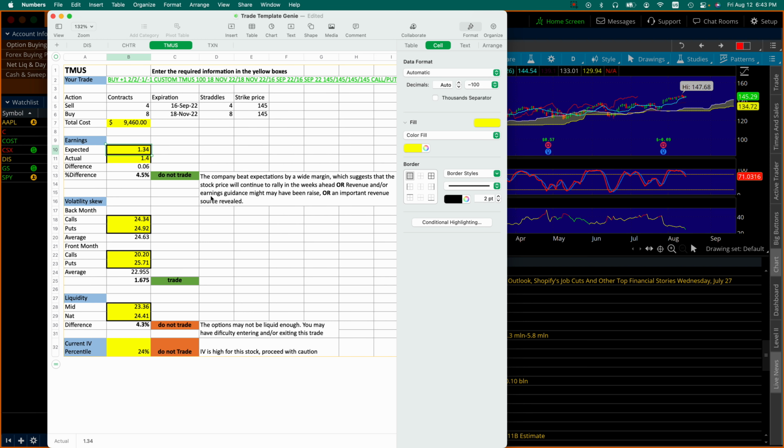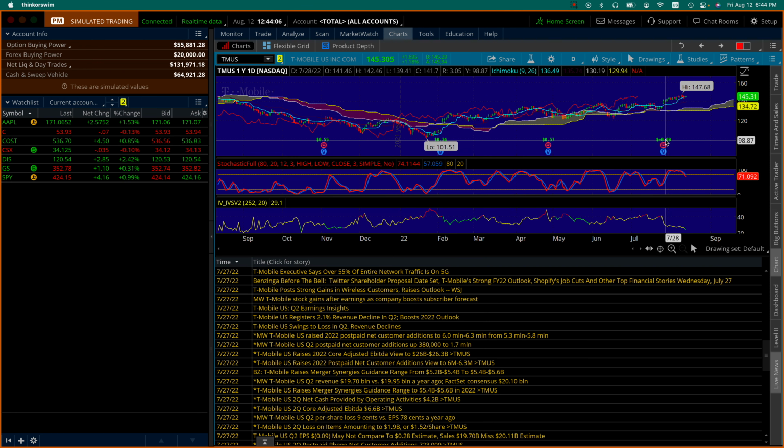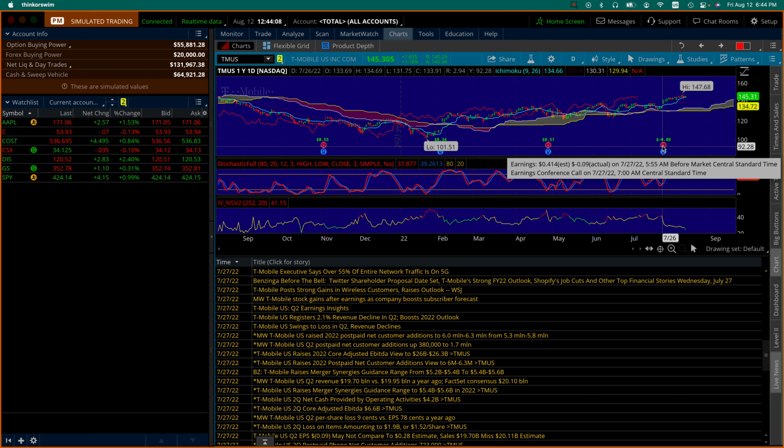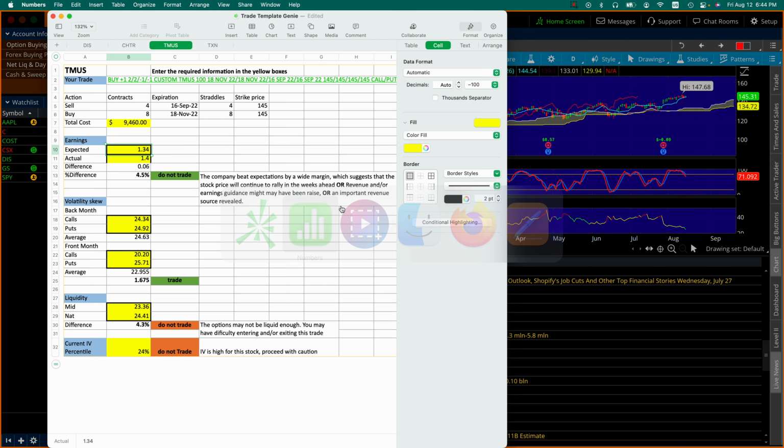So I'm going to put here, just for the record, the expected was 0.414, and the actual was minus 0.09, so it's negative. So yeah, that's not good at all.